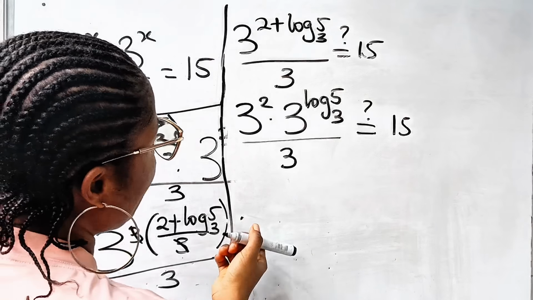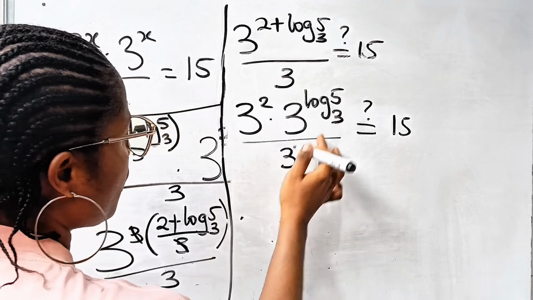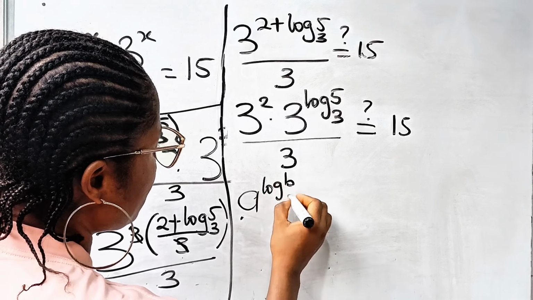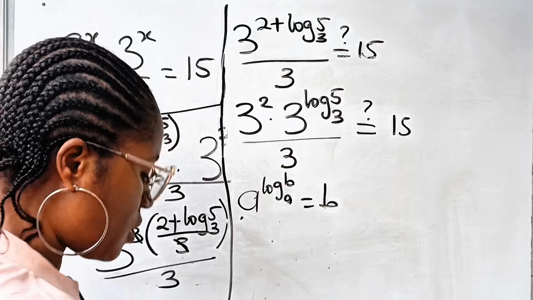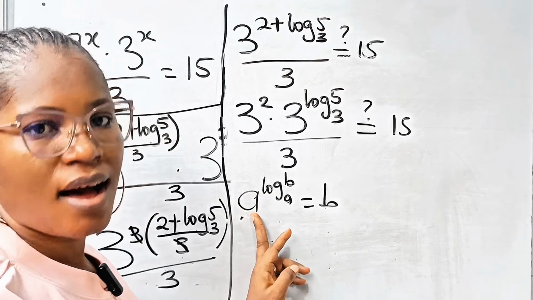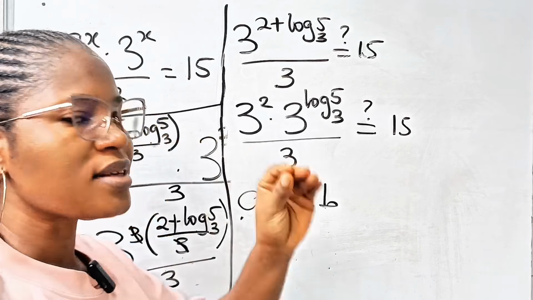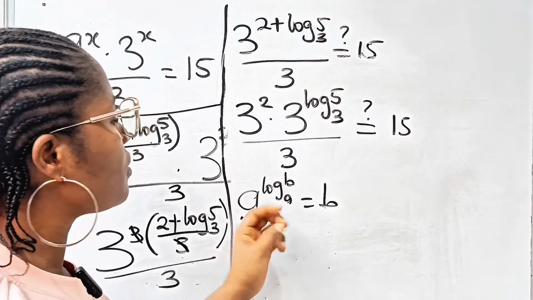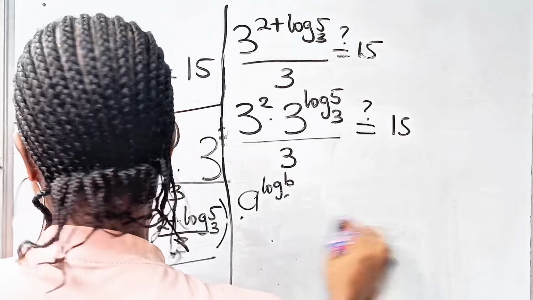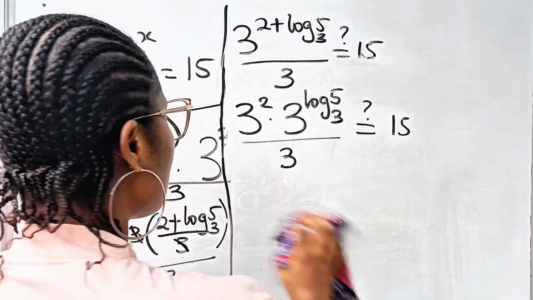Moving forward, recall that a to the power of log b base a is always equal to b, as long as this base and this are the same. So what we'll do is this.